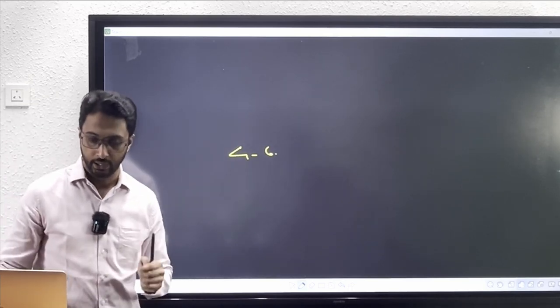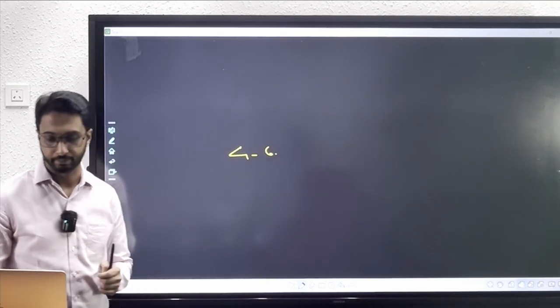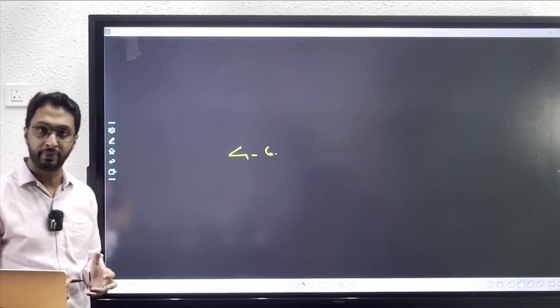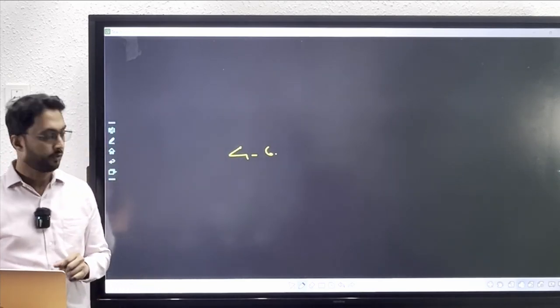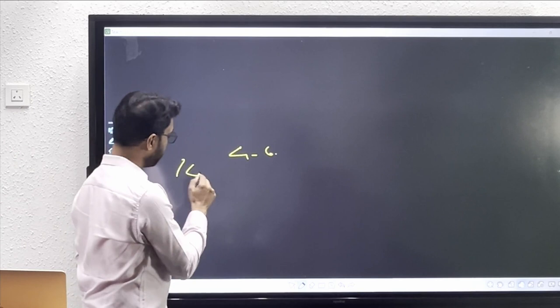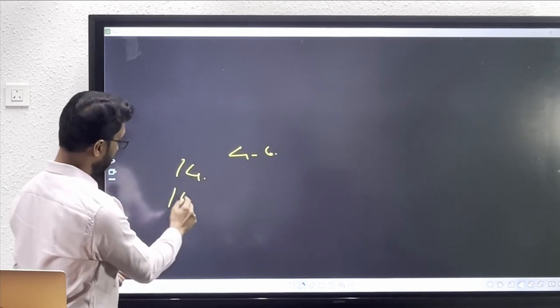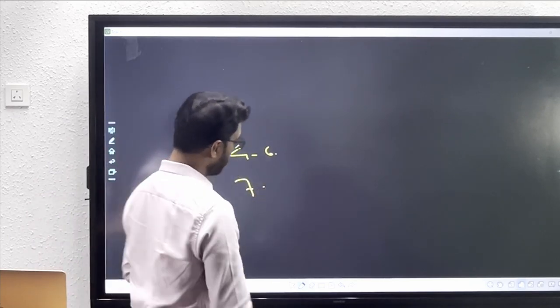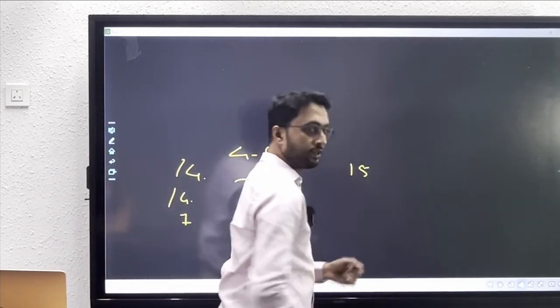I'm just rushing through it. Mock exams, same thing, except that it will more closely resemble the pattern of the exam. For example, general medicine 14 questions, general surgery 14 questions, physiology 7 questions, microbiology 7 questions, oral surgery 15 questions, like that, the exact pattern.